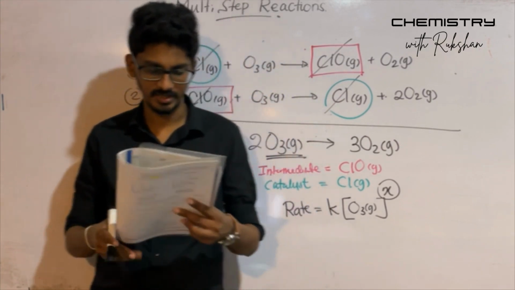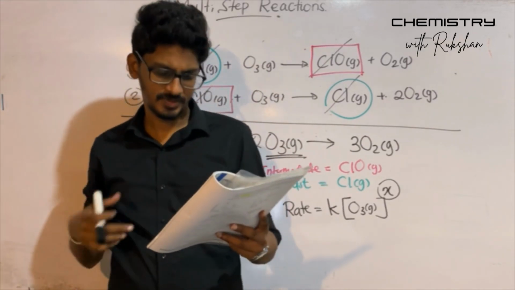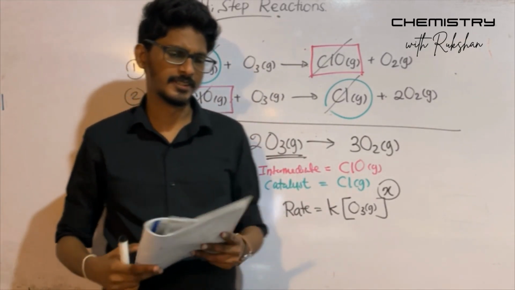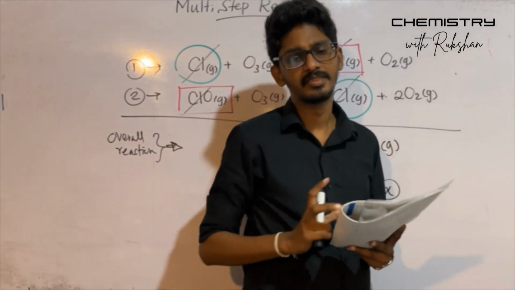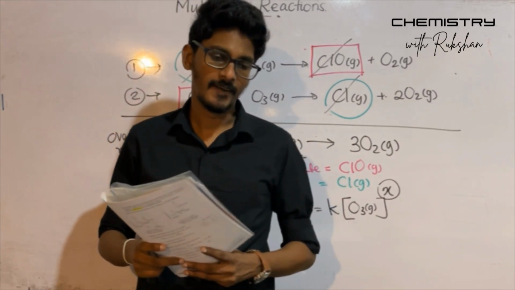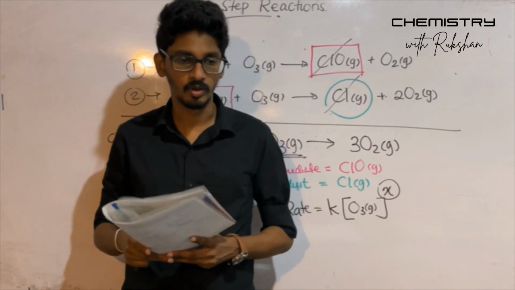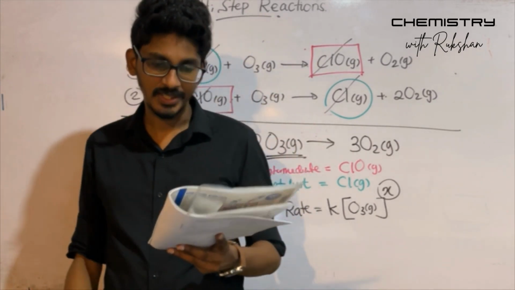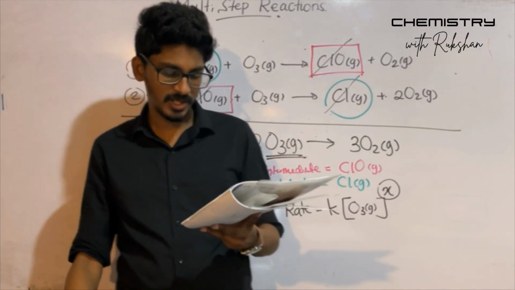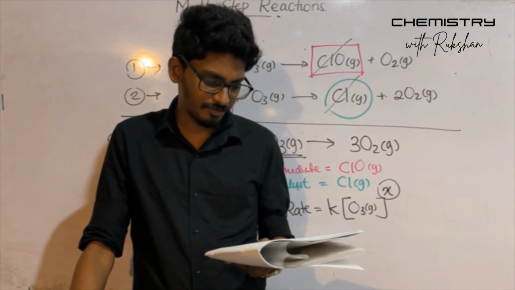Normally, the rate determined step of a multi-step reaction is the slowest step of all the steps of the overall process, right? See, it is said here, at the bottom part of page 26, rate determined step of a multi-step reaction.